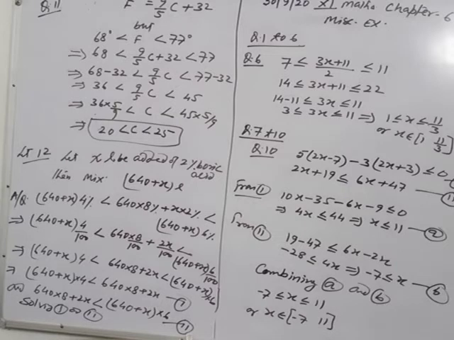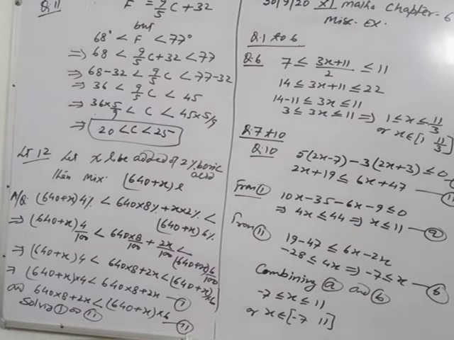This is the second relation, B. Combining A and B, x is greater than or equal to −7 and less than or equal to 11. You can write it in brackets. If there is a mistake in a plus or minus sign, you can correct it, but I am explaining the procedure to find the value of x. So very easy problems are given.